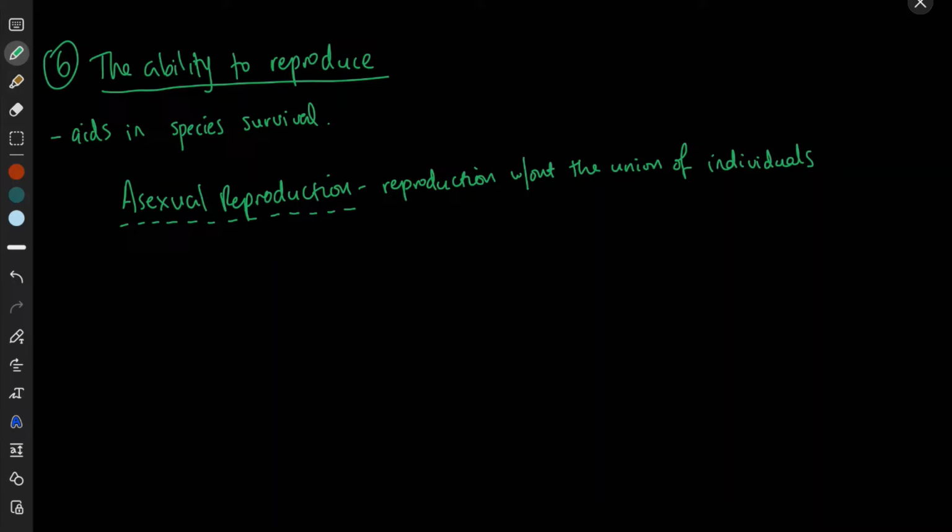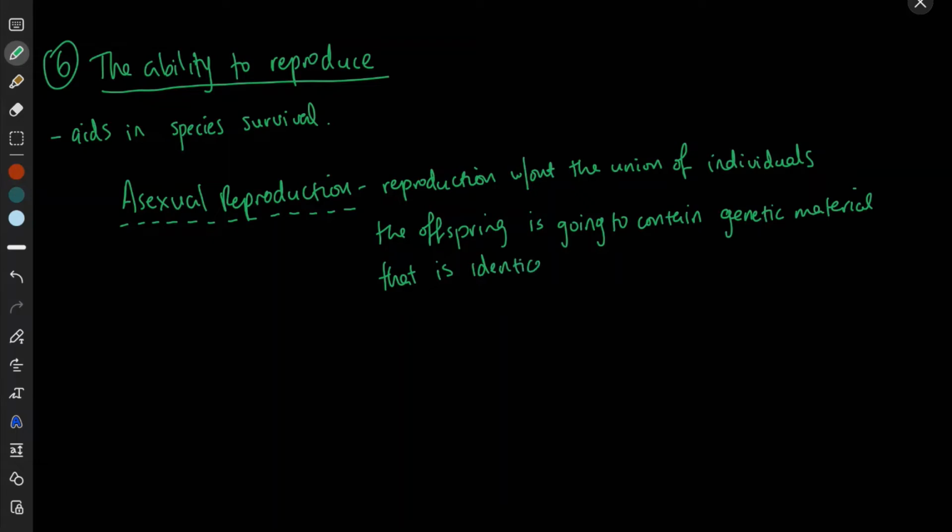And so the corollary to that is the offspring is going to contain genetic material that is identical to the parent. The single parent is going to produce offspring, and because there's only a single source of genetic information, the offspring will have the same exact genetic makeup as that of the parent.